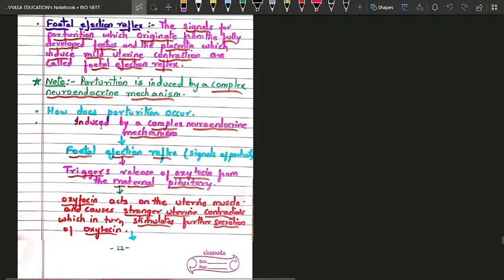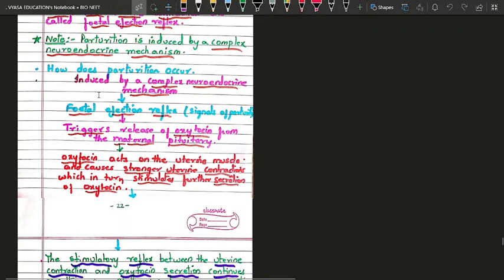How does parturition occur? We said that it is due to the neuroendocrine mechanism, but this itself is not enough. So we have to see in detail how the neuroendocrine mechanism takes place in delivery. As we said, it is induced by the complex neuroendocrine mechanism.